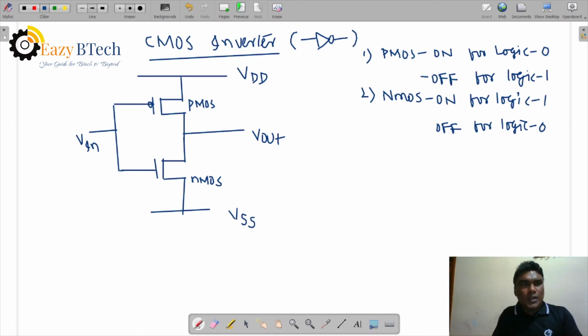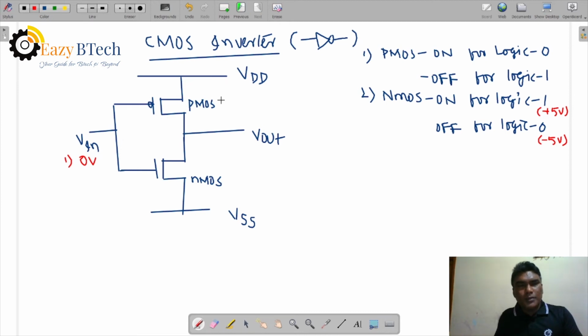So we can say logic 1 means plus 5 volts, and logic 0 means 0 volts in digital. Now, the first condition: when we apply Vin equal to 0 volts, what happens?